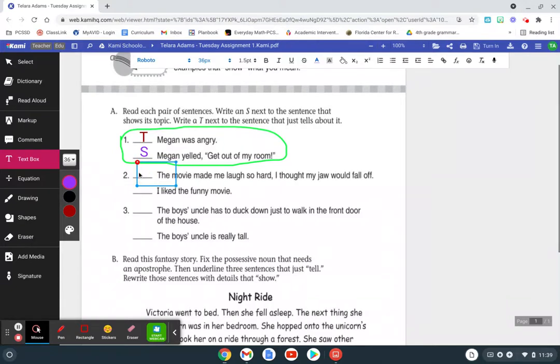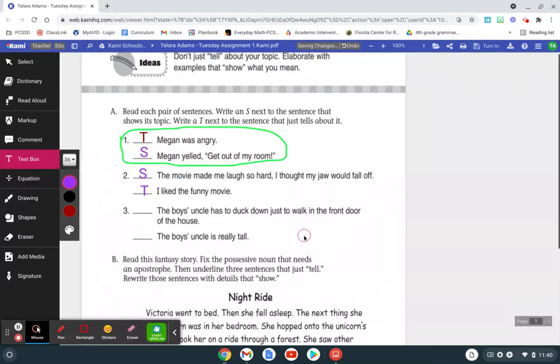Yes, this time the first sentence is definitely showing because it's giving us that figurative language. I thought my jaw would fall off. The second sentence, I liked the funny movie, doesn't really elaborate and explain. So that is our T. That's just telling us they liked the funny movie.